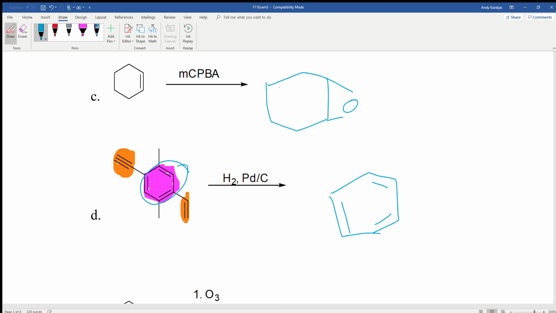So there we can see is our aromatic unreacted, but our alkene gets reduced to an alkane, and our alkyne, which will first get reduced to an alkene, subsequently gets reduced to an alkane as well.